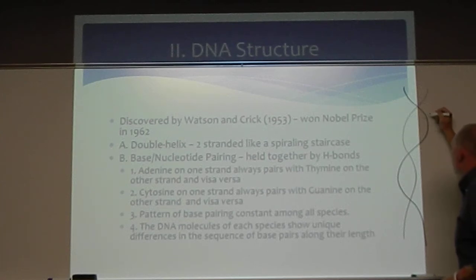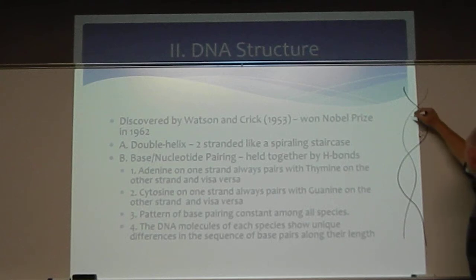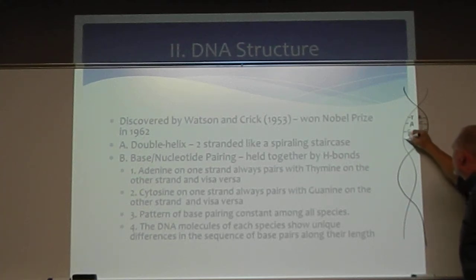It's hard to draw in 2 dimensions, but if we have bases over here, right? On the opposite strand then, you'll have their complements. And they're held together by these hydrogen bonds, right? Okay?